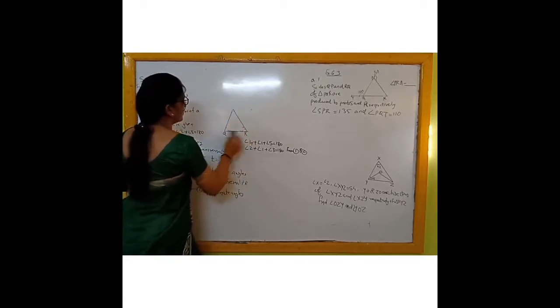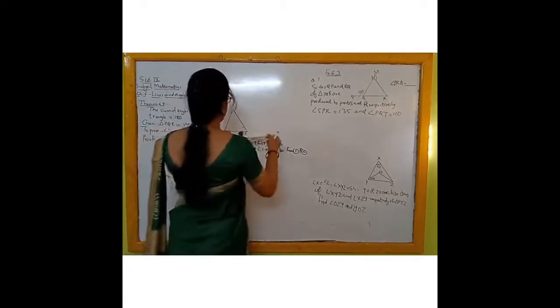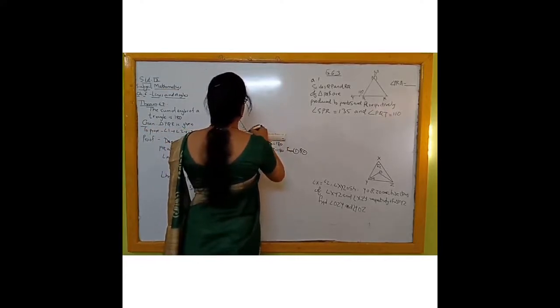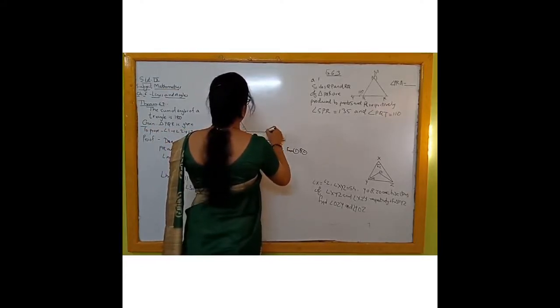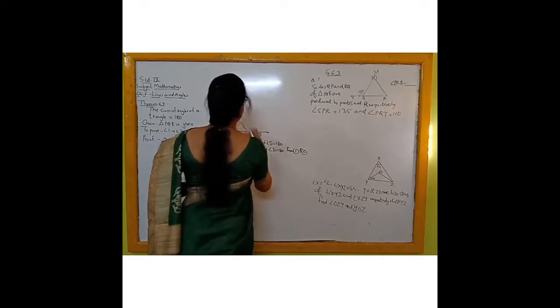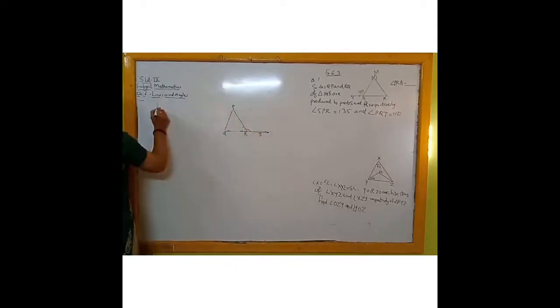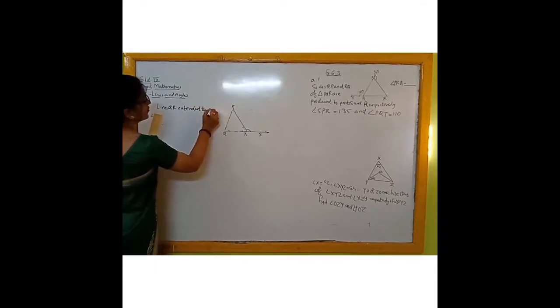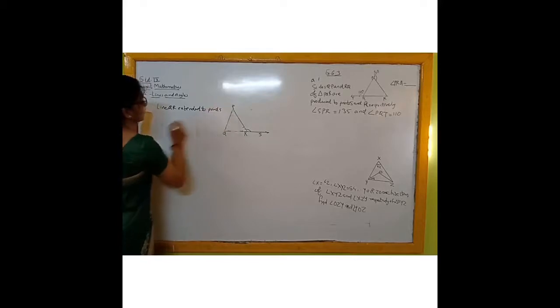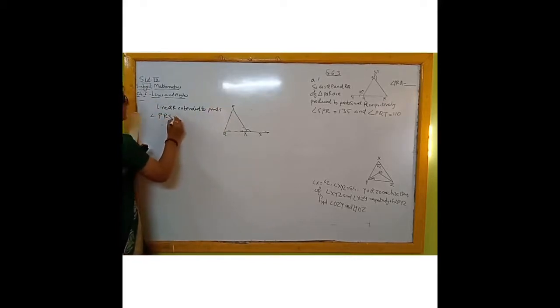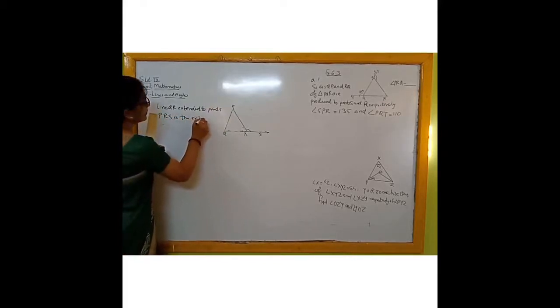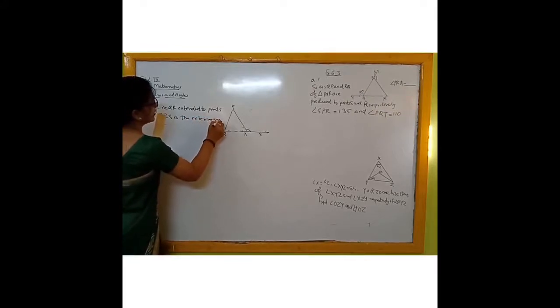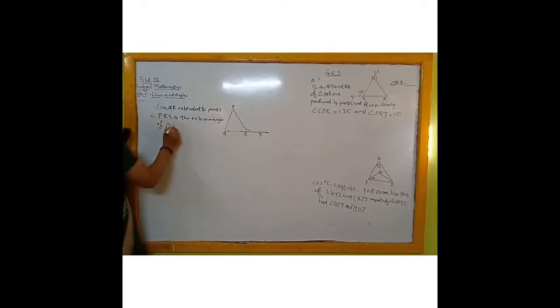Now we will draw the line QR extended or produced to point S. So angle PRS is the exterior angle of triangle PQR.